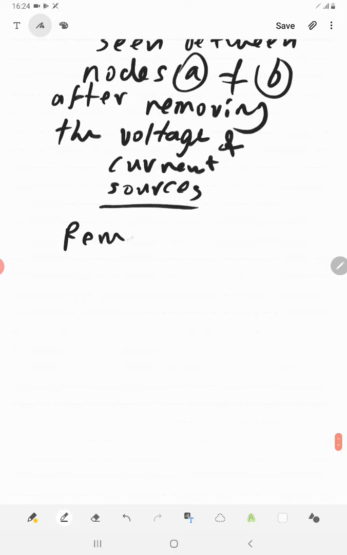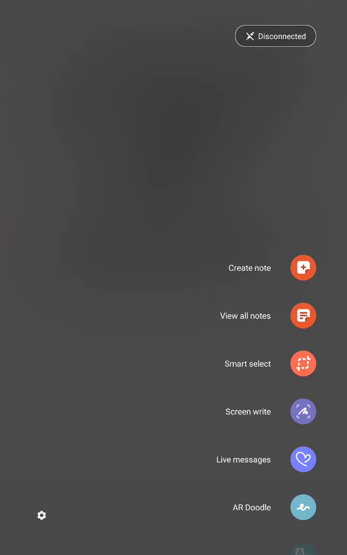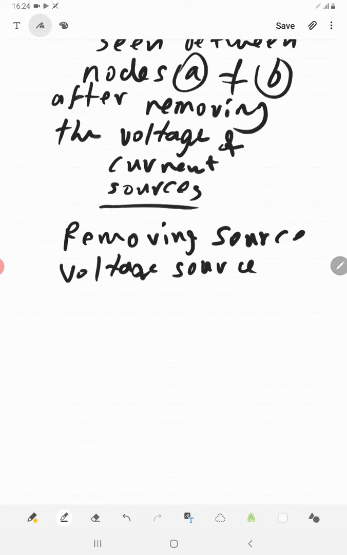Removing sources: how do we remove a source? For a voltage source, we make V equal 0. That's why we remove it. It means short circuit.